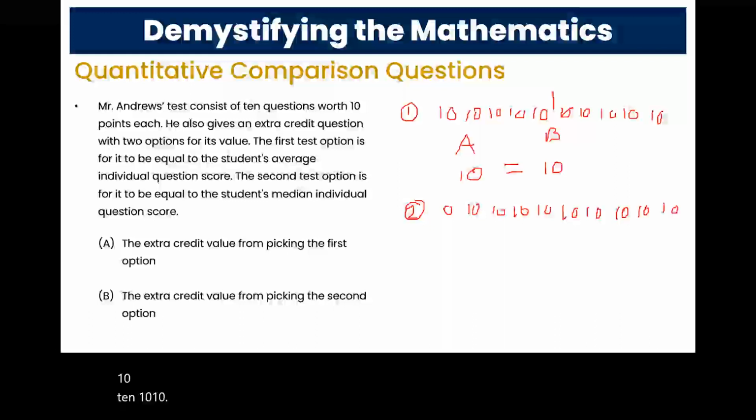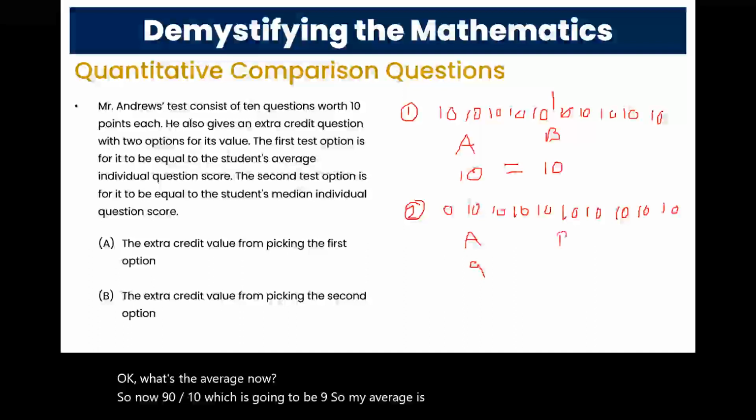Okay, what's the average now? So I'm going to have 90 divided by 10, which is going to be 9. So my average is 9.